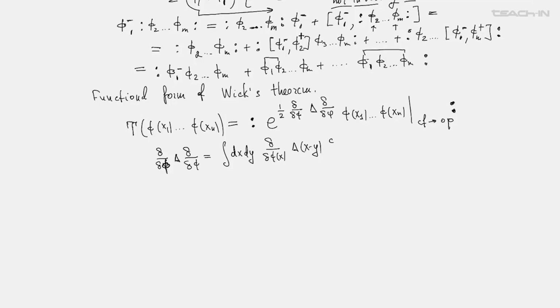So this means that in order to compute the action of this exponential operator on the fields, you take this exponential, you expand it in a Taylor series, and then you start to apply these operators term by term to the product of the classical fields.